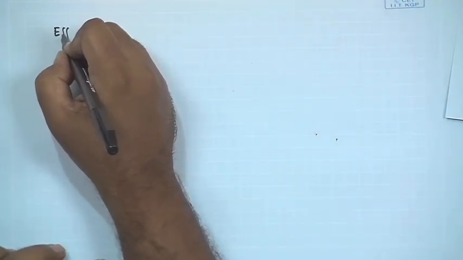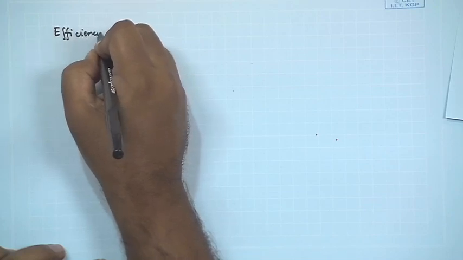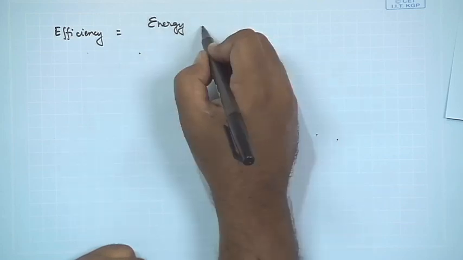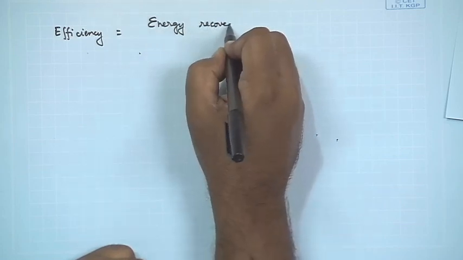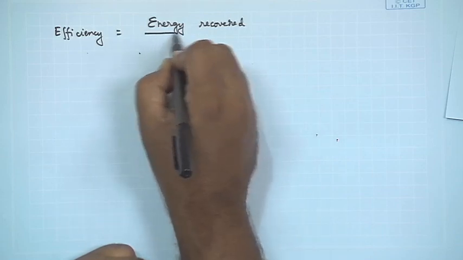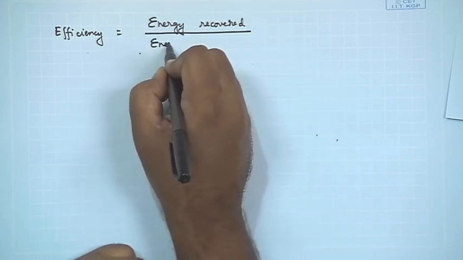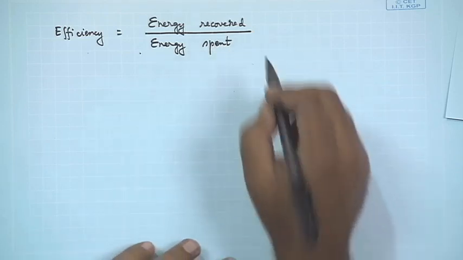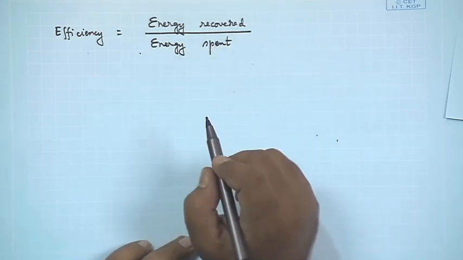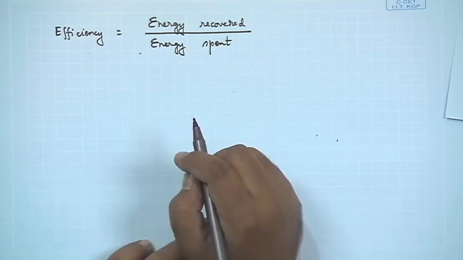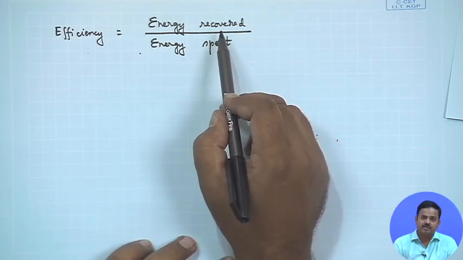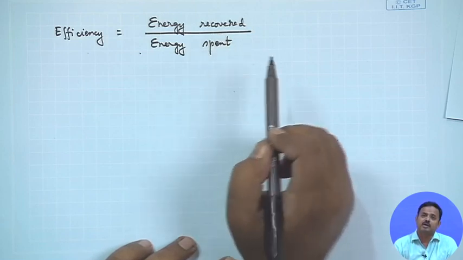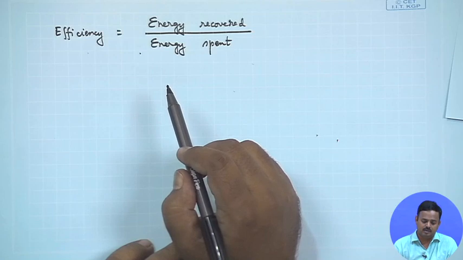Efficiency will be energy recovered over energy spent, and none of these are necessarily equal to energy stored. Energy recovered will normally be less than energy stored, and energy spent will normally be more than energy stored, right.